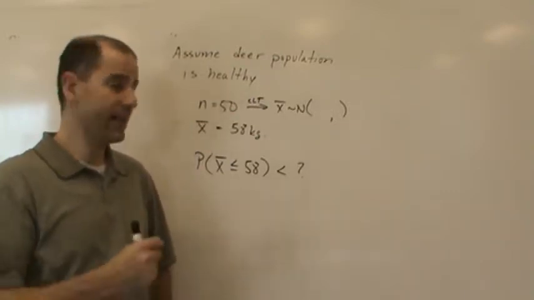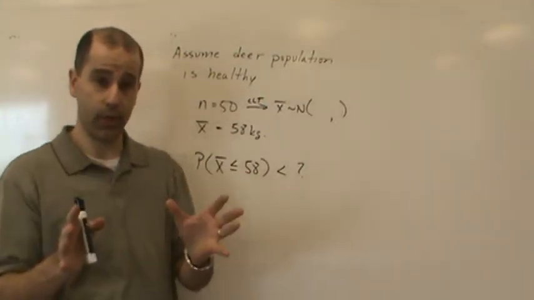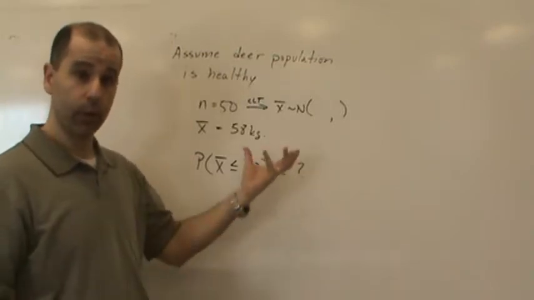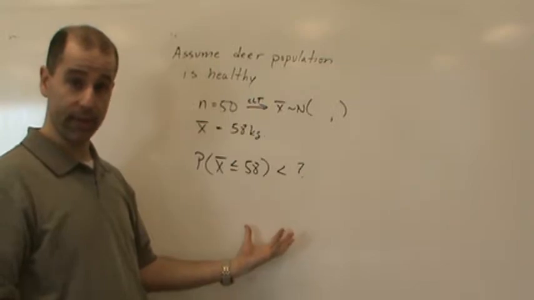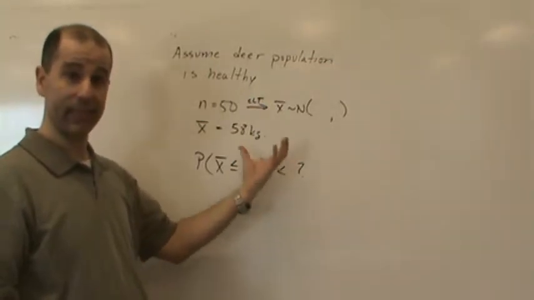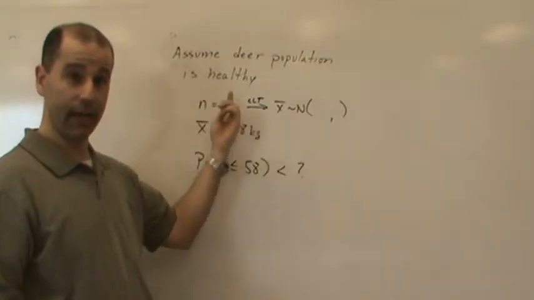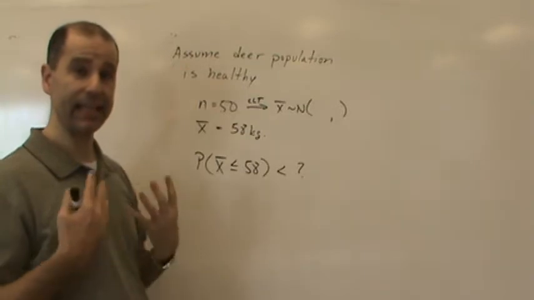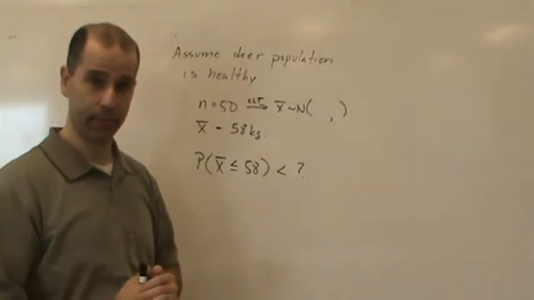Okay? And that is the crux of a hypothesis test. We're going to start with an assumption, we're going to collect data, and based on the sample statistic, we're going to see if the sample statistic and the data is evidence against the assumption or not. And that's the big idea behind a hypothesis test.